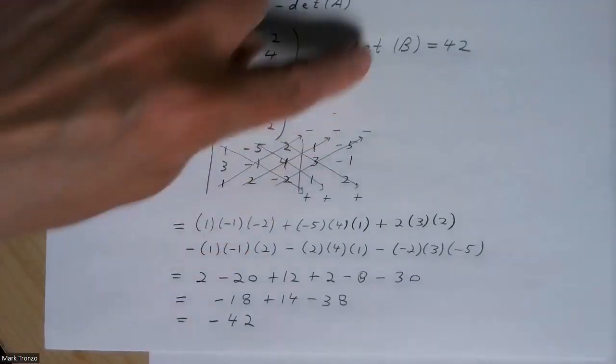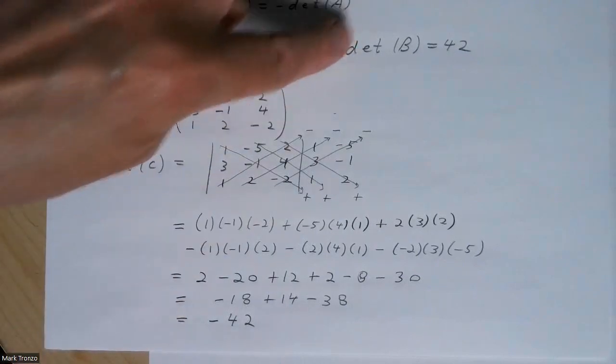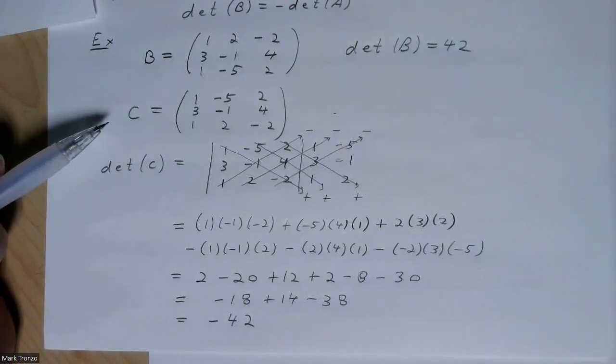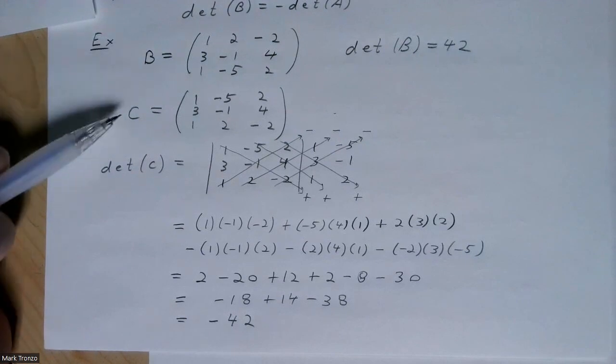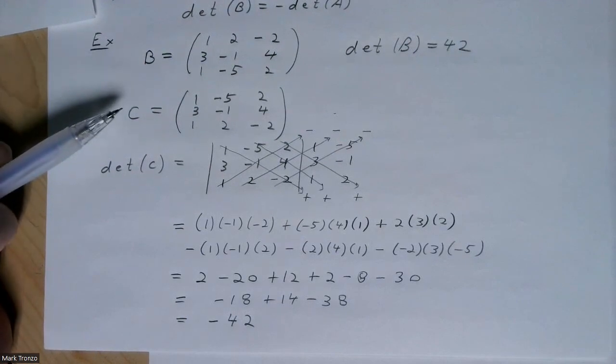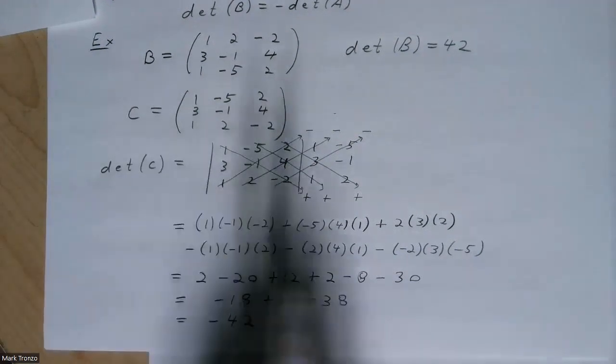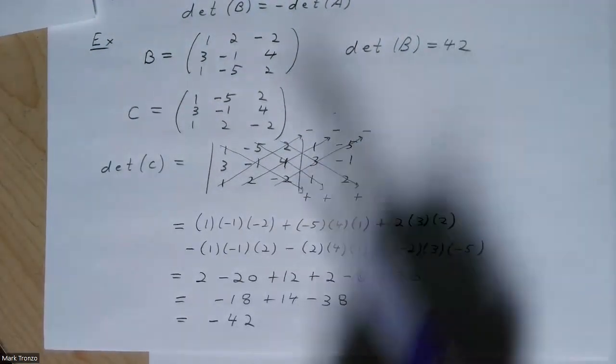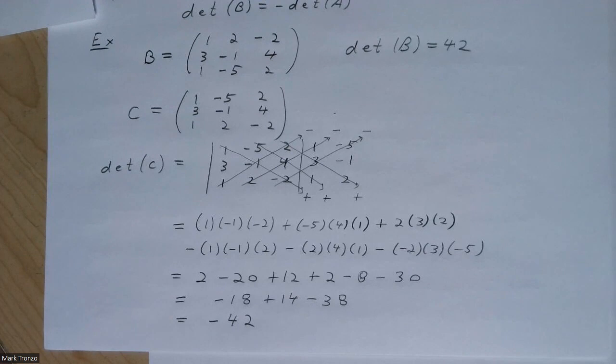And notice that's the negative of our original matrix. So again, we obtained C by interchanging 2 rows of B, and the determinant of our new matrix was the negative of the determinant of the original matrix.